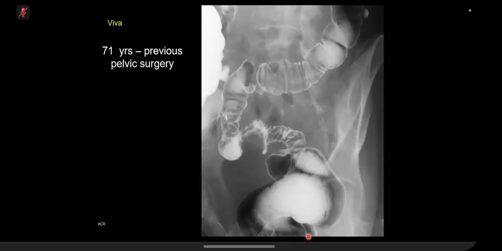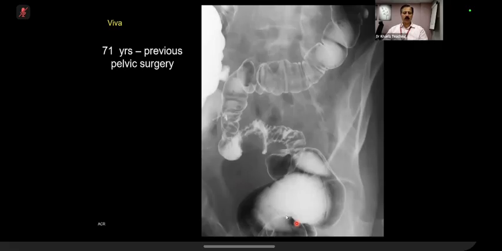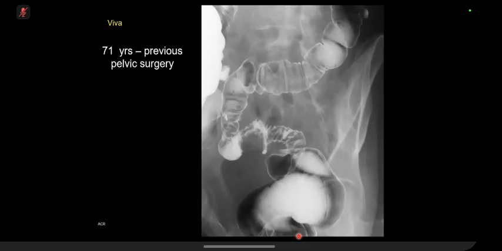Your thinking is good because you are thinking about what kind of surgery. So I'm giving you a 71-year-old with previous pelvic surgery. Maybe colonic cancer. This is a female. Hysterectomy might be the cause.